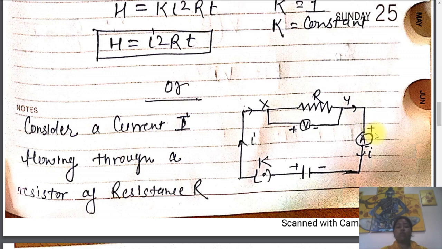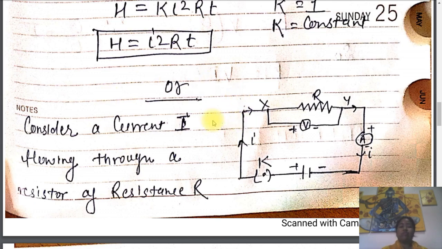Whatever amount of current flows through the circuit is measured by the ammeter, and the potential difference across the conductor or wire is measured by the voltmeter.